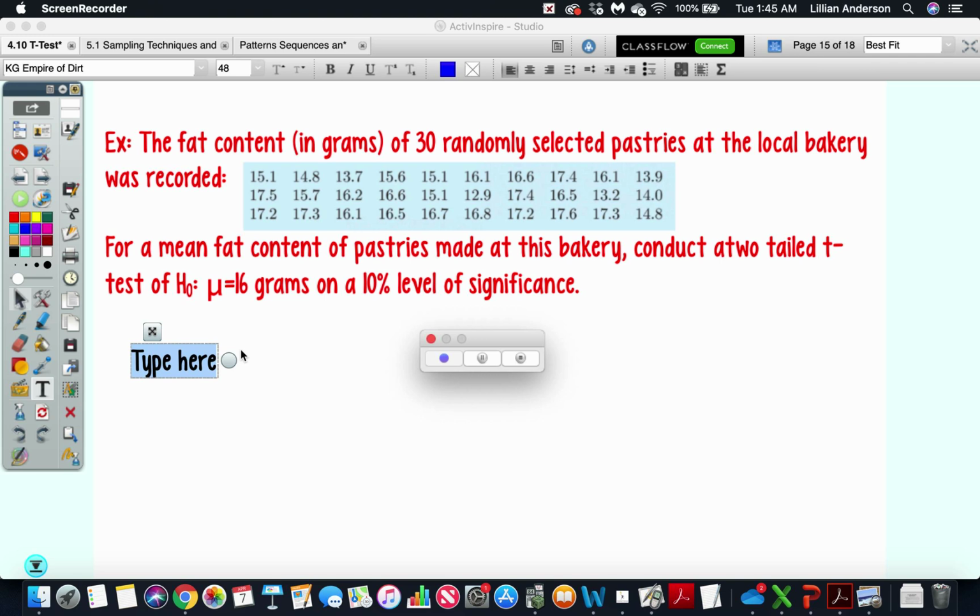All right, so for this example, we have 30 randomly selected pastries at a local bakery, and their fat content in grams. For the mean fat content of pastries made at this bakery, we're going to conduct a two-tailed t-test where the null hypothesis is mu equals 16 grams on a 10% significance level.